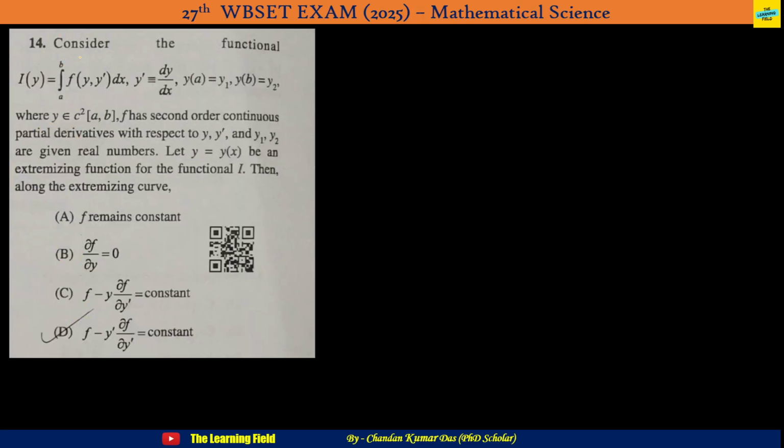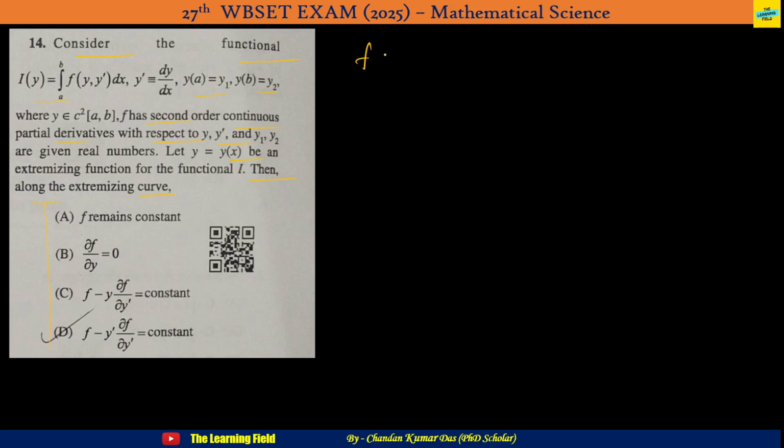This is the last question of today's lecture, from calculus of variation. Consider the functional I equal to this, where y belongs to C2, and f has second order continuous partial derivatives with respect to y and y dash. y1 and y2 are given real numbers. Let y equal to y(x) be an extremizing function of the functional I. Then along the extremizing curve, which is the answer?